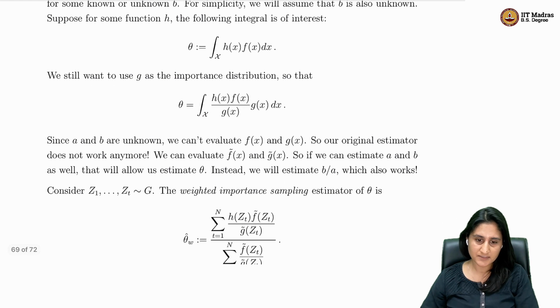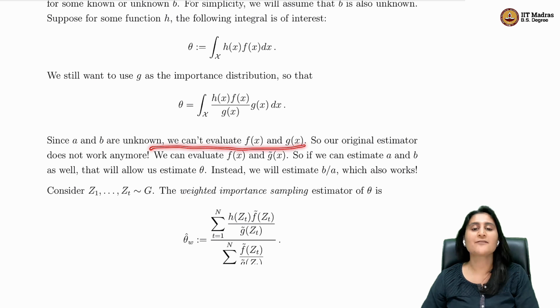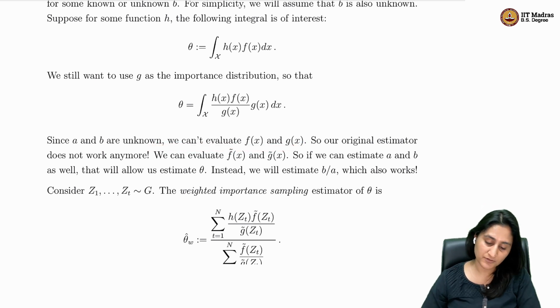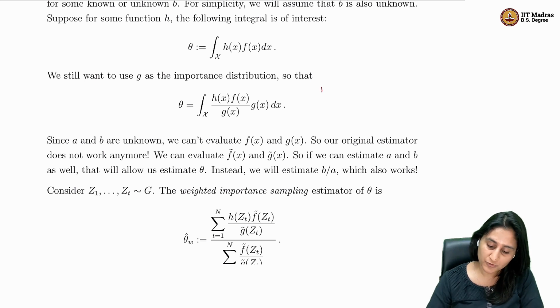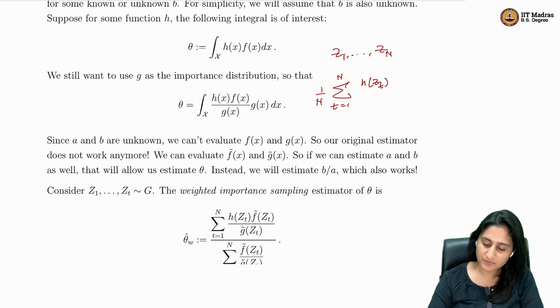But the issue is, since we don't know a and b, we can't evaluate f of x and g of x. And so our original importance sampling estimator, which would have been 1 over n, summation t going from 1 to n, h of zt, where I should remind that z1 up to zn is IID from g, times f of zt by g of zt.